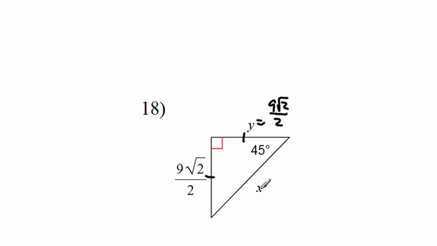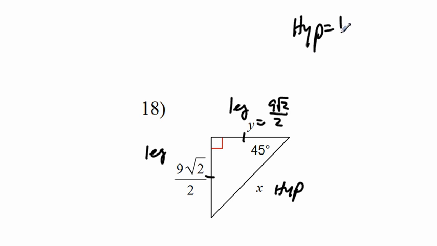So what I need to do is find x, which I know is the hypotenuse. We know this is a leg, this is a leg. So I know that the hypotenuse equals the leg times root 2 in a 45, 45, 90 triangle. The hypotenuse is x, and so the leg is 9 root 2 over 2 times root 2.